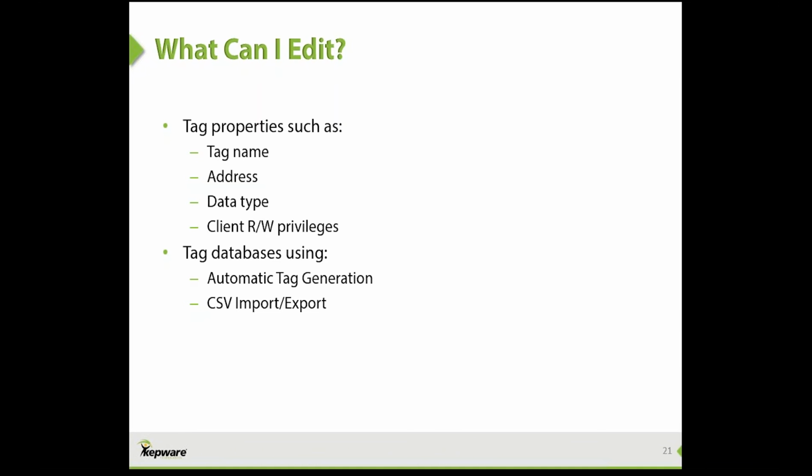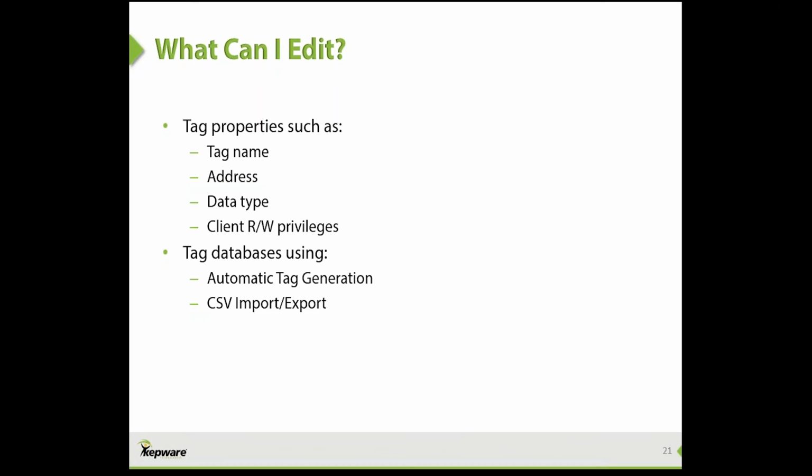So what can you edit? You can edit anything that you saw in that tag properties window: tag name, address, data type, and client read-write privileges. You can also edit entire tag databases. Say you configure an Allen Bradley ControlLogix connection to our server.